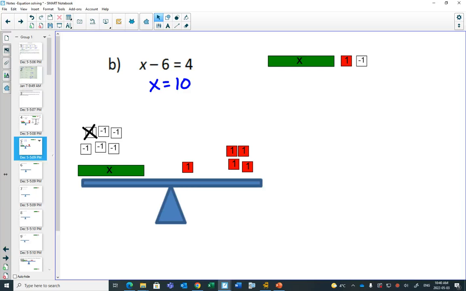And if I want to get rid of all of them, and this is where the algetiles and drawing the teeter-totter will get frustrating, I would have to add 6 to this side to get rid of all of those minus 6s. But if I add 6 to this side, I'm going to need to add 6 to this side as well to keep it equal. And then you'll get that x is equal to 10.